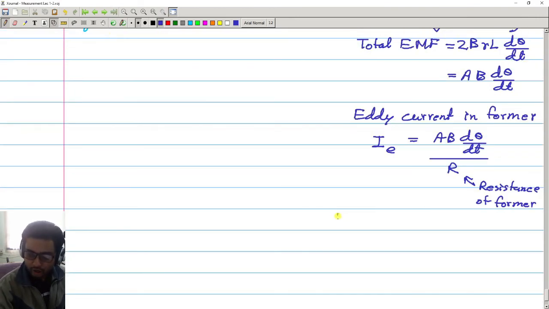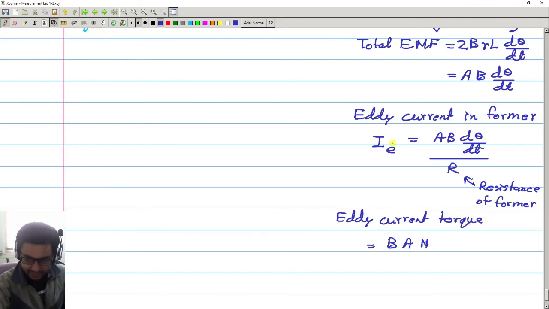So the eddy current torque will be BANI, that was the formula I am writing. Now I in this case is the eddy current, not the original current that we are measuring.